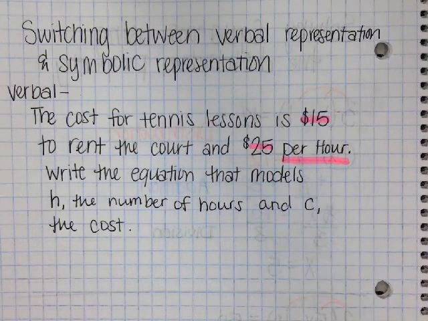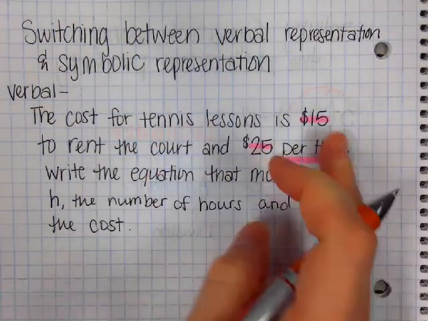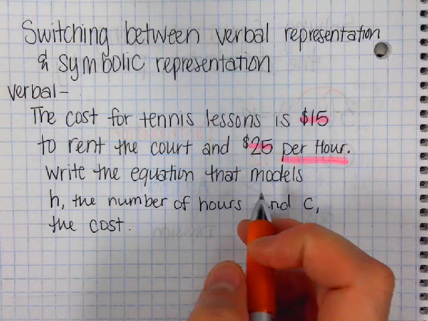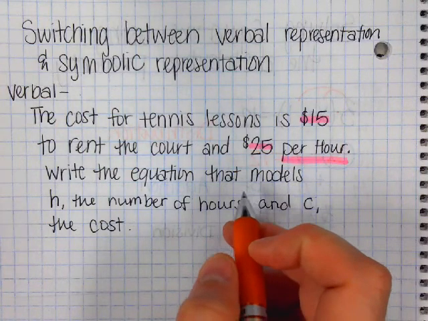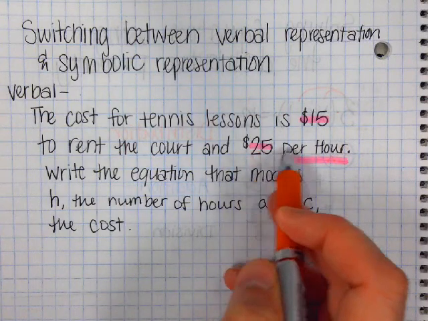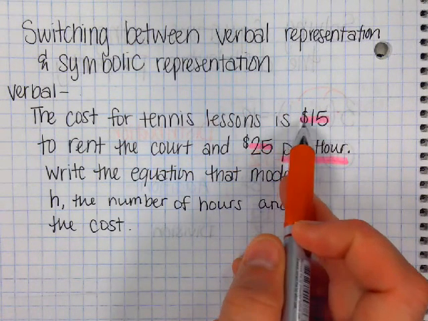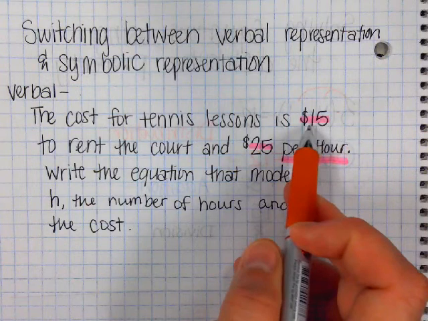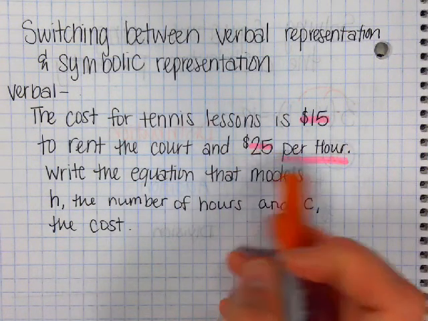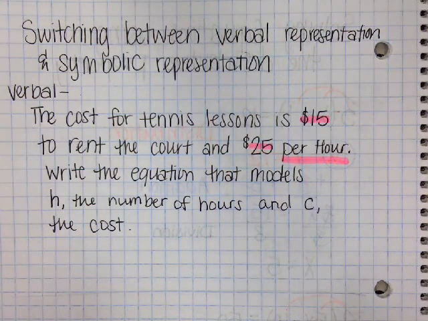So you would write it as $25, and I'll write it both directions. Usually in math, you will see it written as the 25 per hour first, but it's also okay to write 15 first, since it says $15 for the court and $25 per hour.